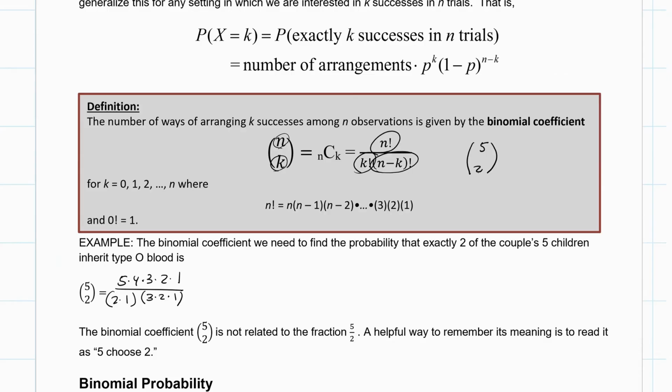And then you say, well, this cancels out nicely. These 3's, these 2's, these 1's cancel. This 2 cancels with this 4 and leaves a 2, and we get the answer 10. Yep, we had 10 different ways of having two successes out of five trials.